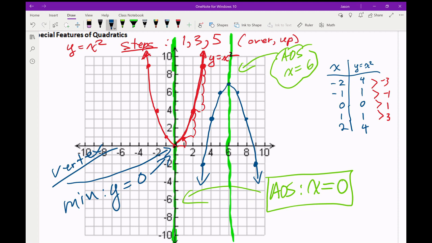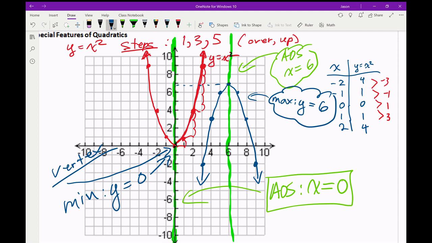For the second graph, the blue graph, right? This one is opening down, and because it's opening down, it has a max of y is equal to, if I extend my line across, 6. So we should be able to identify all these things, right?